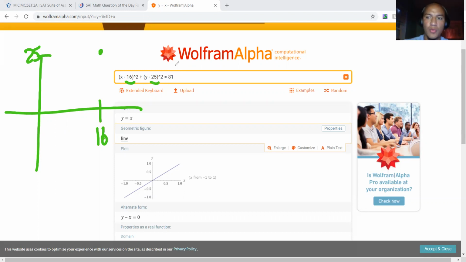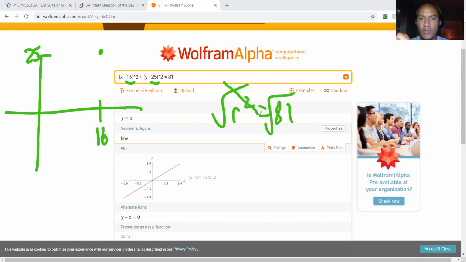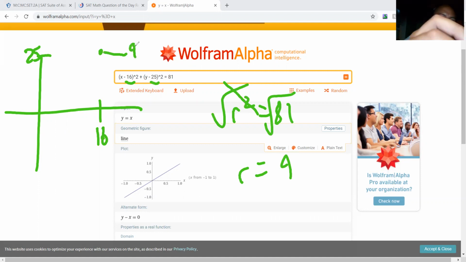So doing r squared equals 81, do the square root. The exponent and the root cancel out. So you get r equals, you can do this on a calculator, but the answer is just 9. So the radius will be 9. And that means that that's the answer.